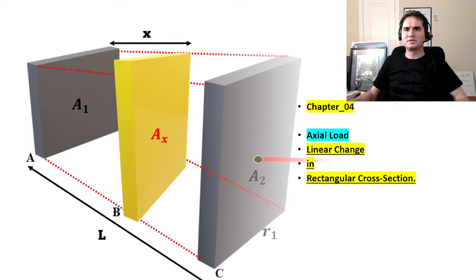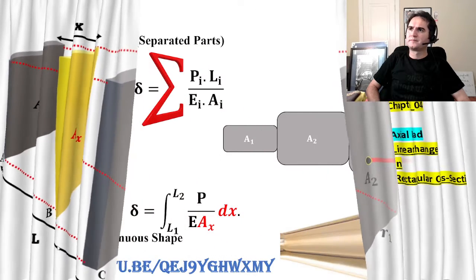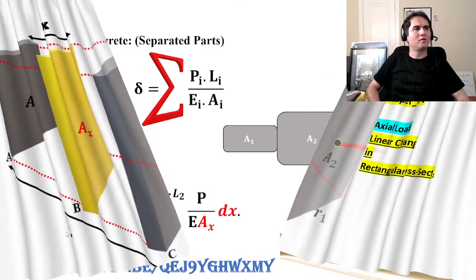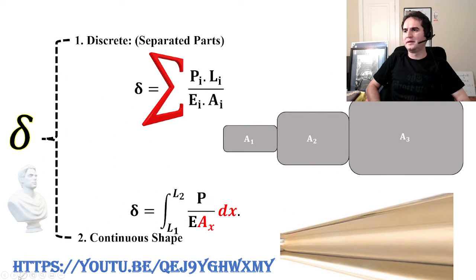Chapter 4, Axial Load, Linear Change, this time in a rectangular cross section. So we want to know, if we have a cross section with the information provided, how can we calculate the delta at the end?